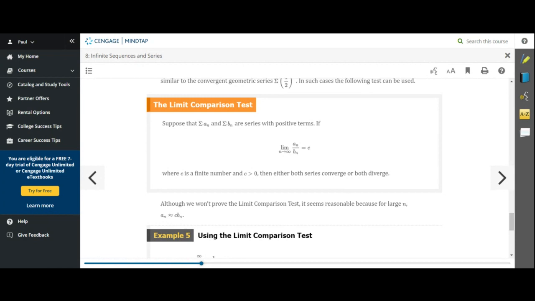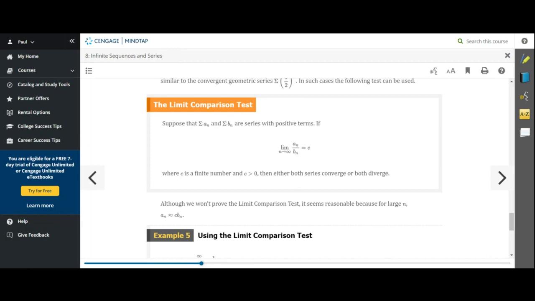Therefore, if the one series converges, the other series would have to converge. A multiple of a convergent series is a convergent series. If the one series diverges, the other series has to diverge. A multiple of infinity would be infinity. So that's the idea behind the limit comparison test.